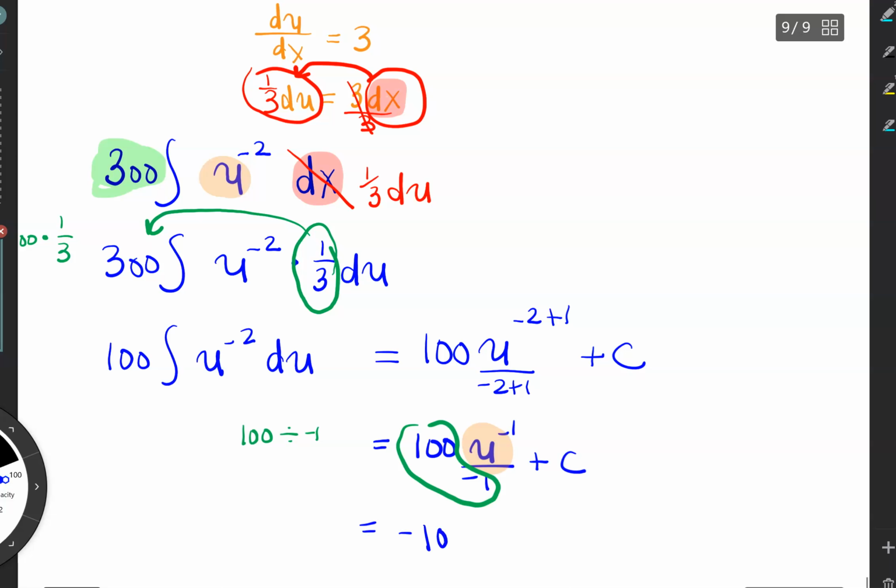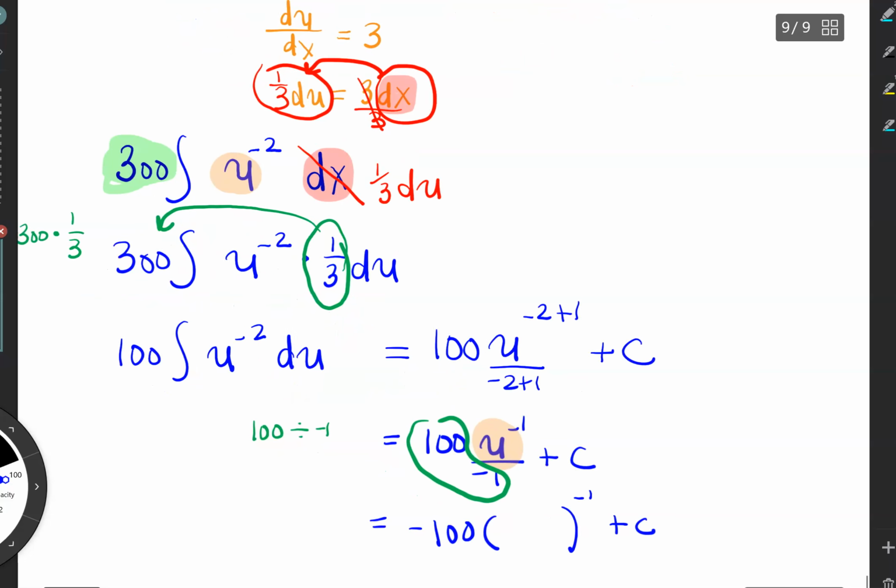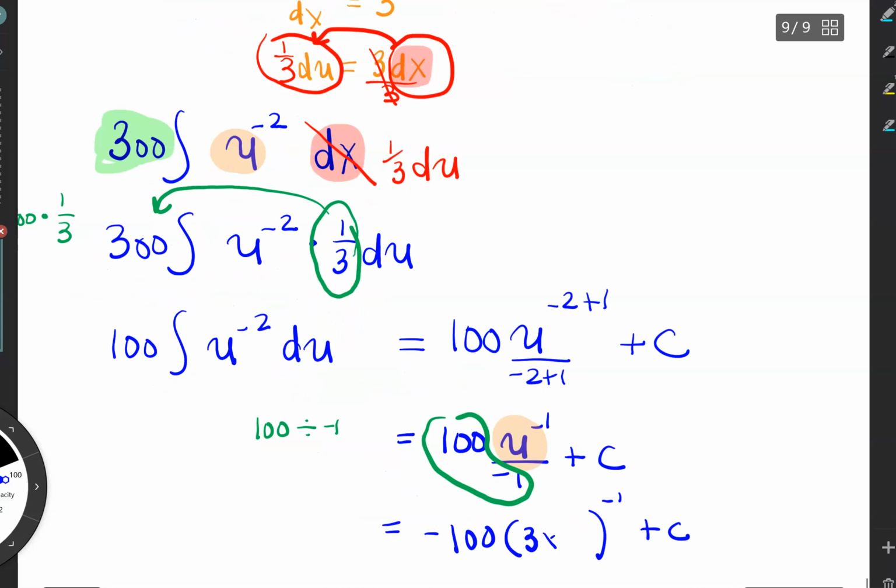So I'm going to get negative 100 u to the negative 1 plus c. What was u again? 3x plus 25. Okay, and this is my generic price function. Remember, we had marginal price, and now we found the generic price function.